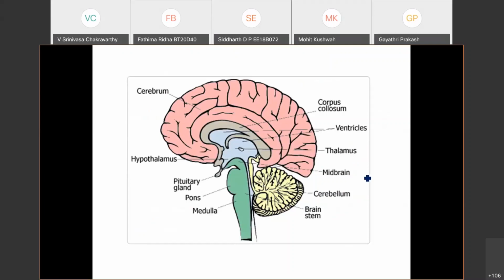So you can see here, this is the brainstem. You see pons, medulla, and the midbrain is somewhere here in this area. The cerebellum can be seen here very clearly, a fairly large structure. You can think of the cerebellum itself as a little brain, which is what its name means.